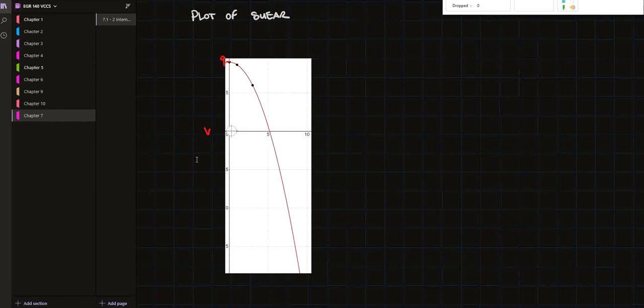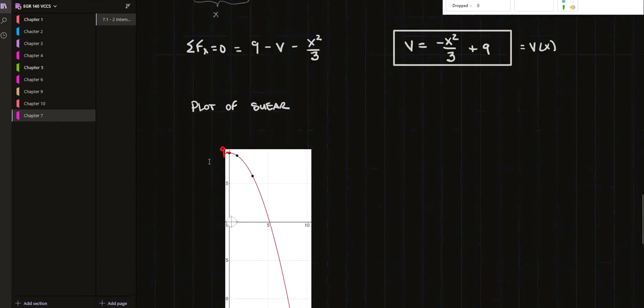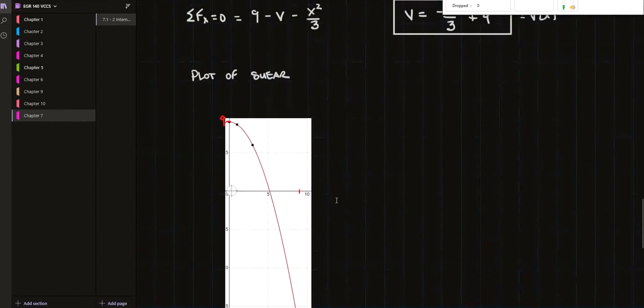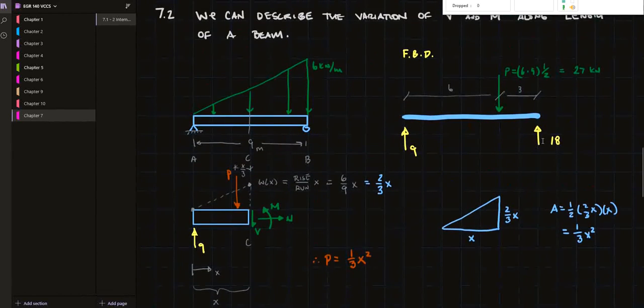Shear is the y-axis, and the x-axis is distance along our beam. As we get to 9, so this is the edge of our beam here, we are down at this point here, which is minus 18. And you'll see that the endpoints correspond with our reactions.